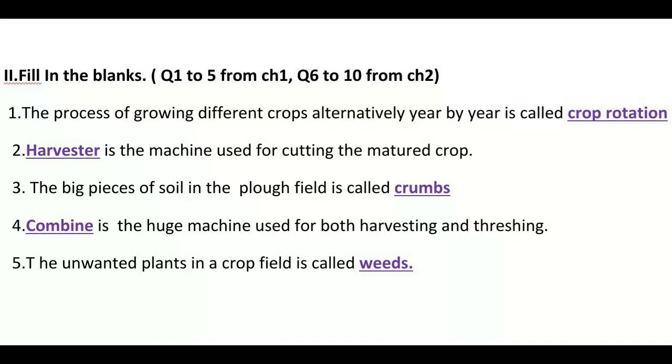We require only paddy plants. So those unwanted, undesired plants are named weeds. And weeding, uprooting the weeds, can be done manually, or we can use weedicide also. Weedicide is a chemical which is helpful for removing or killing the weeds. It kills only weeds, not our crops.